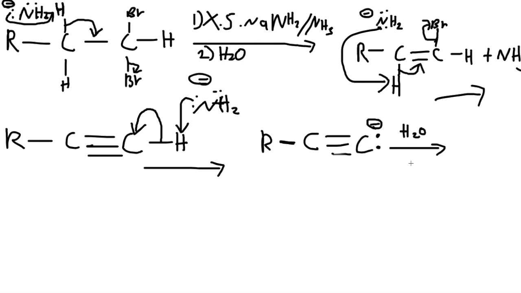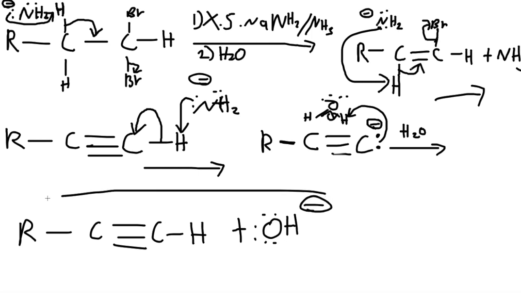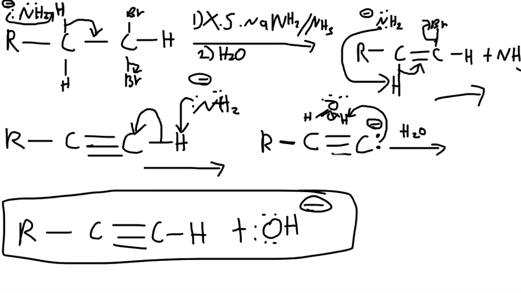So what we do is draw water, the hydrogen, and the hydrogen. So now this lone pair goes and grabs a hydrogen, which gives off electrons to oxygen. So we'll form something like this, and plus our OH that we have made from the mechanism. And so this is the mechanism. This is our answer for this problem.